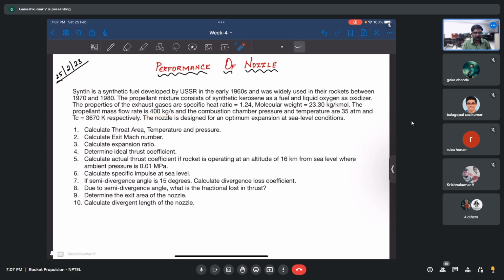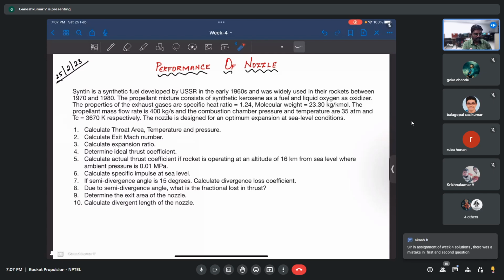In previous problems, we were asked to find the propellant mass flow rate, but here it is given, so no need to worry about it. The combustion chamber pressure and temperature are also given. Till now, all the questions we have solved have both combustion chamber pressure and temperature. We haven't studied what happens inside the combustion chamber, which you will study from week 5, week 6, and going forward throughout the course.